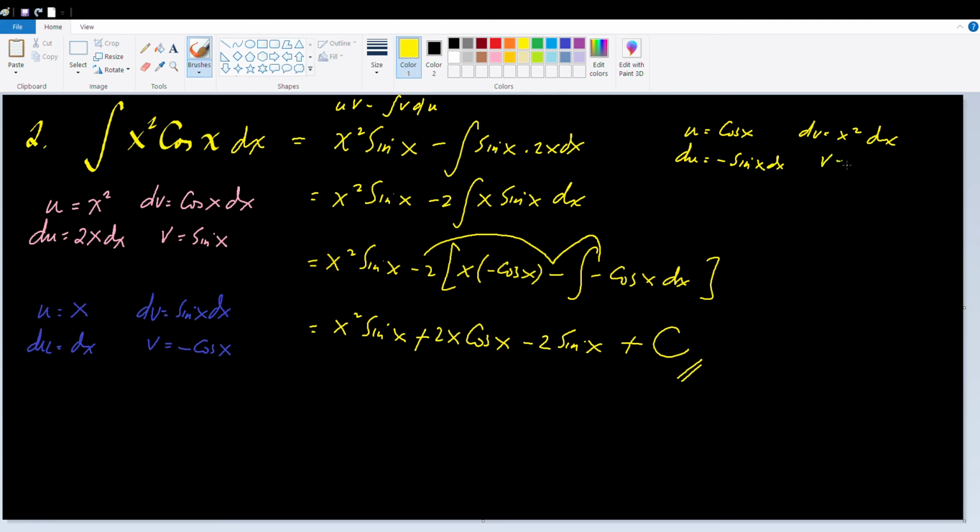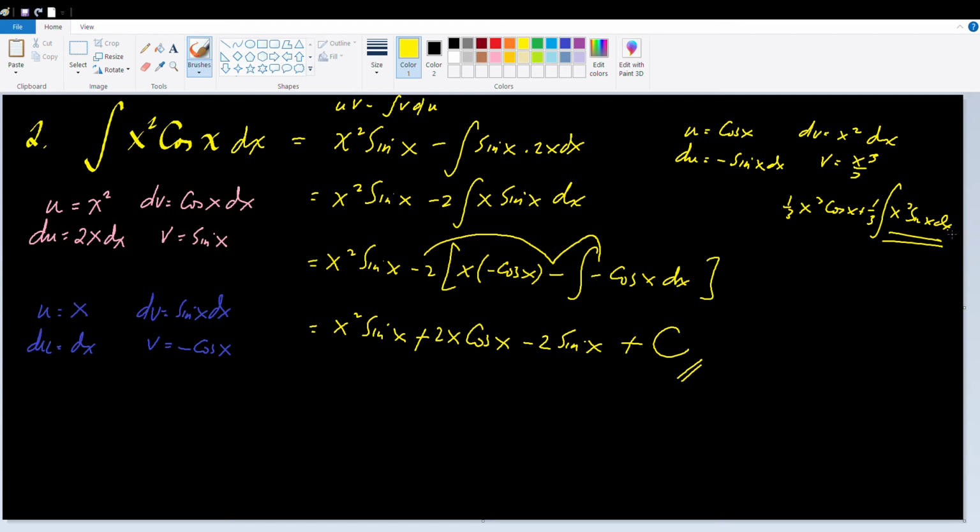And if we integrate x squared dx, it becomes x cubed over 3. So uv will be 1/3 x cubed cosine x minus the integral of v du, which will be negative 1/3 or positive 1/3 x cubed sine x dx.